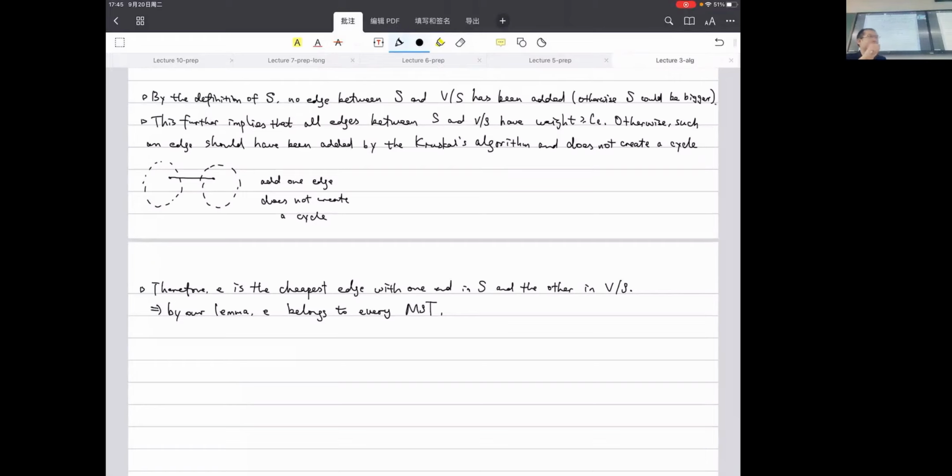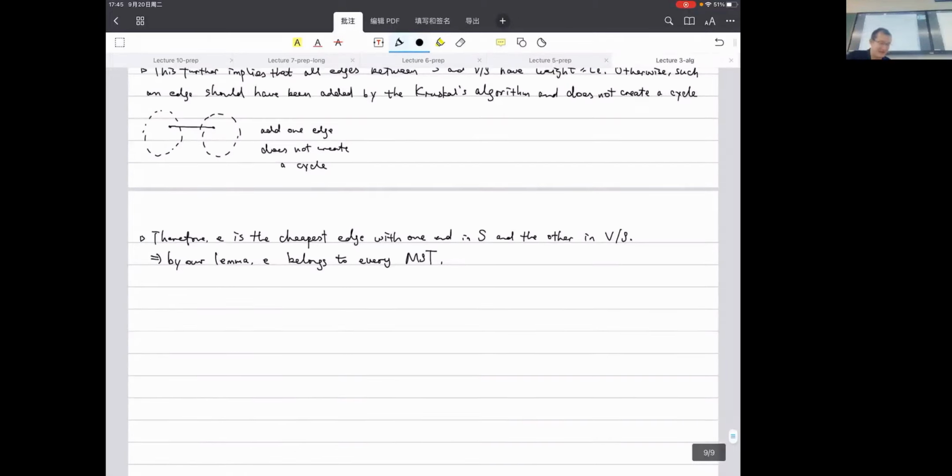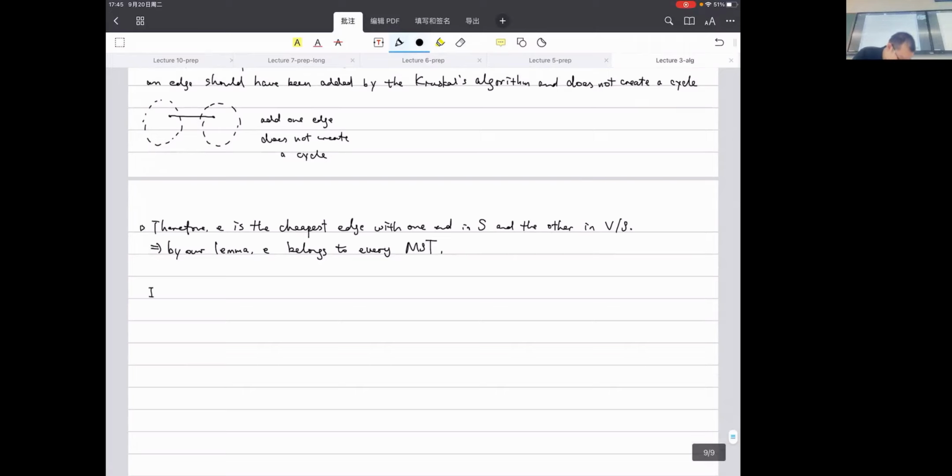So this is pretty good. This suggests that Kruskal's algorithm is correct in the sense that everything it adds belongs to the MST.